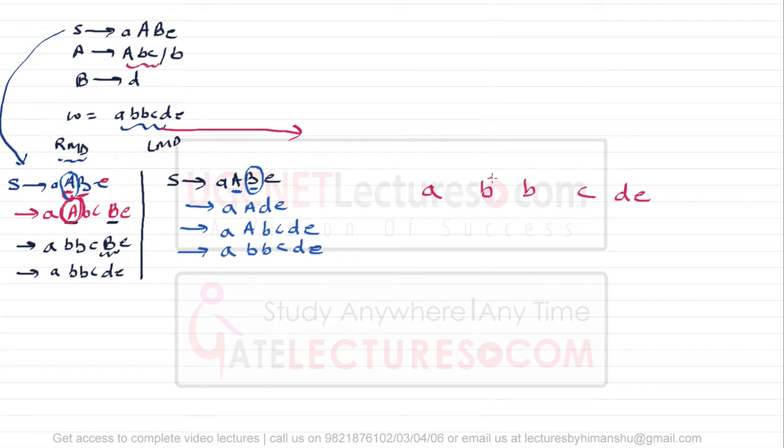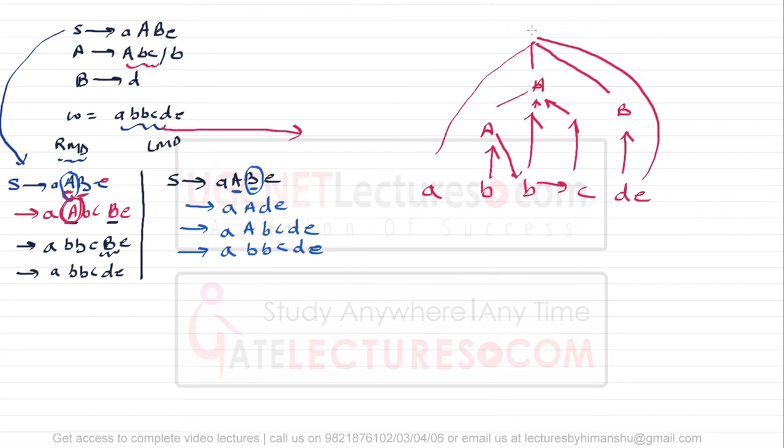This b can be replaced with A, and further this entire ABC can be replaced by a single variable, capital A. Further, this D can be replaced by B, and this capital A, this B and this E can be replaced by a single variable, which is S, the start symbol.